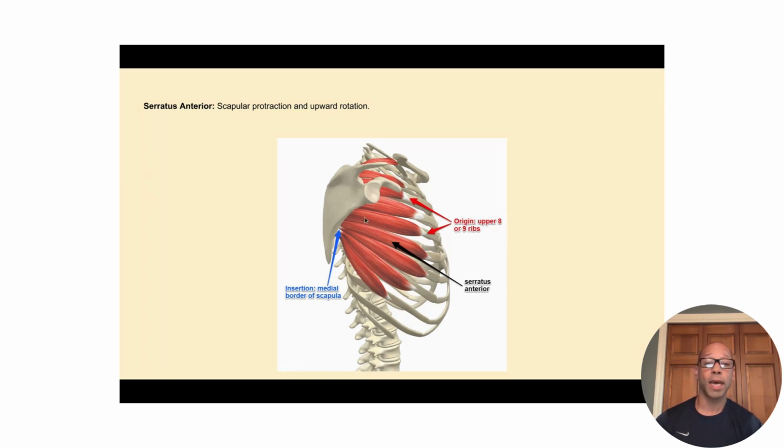The moving attachment is underneath this scapula and attached to like the medial border, but the front side of it. And so it's pulling the inner part of the scap this way, okay? So from the back to the front. And so that is scapular protraction as opposed to retraction.